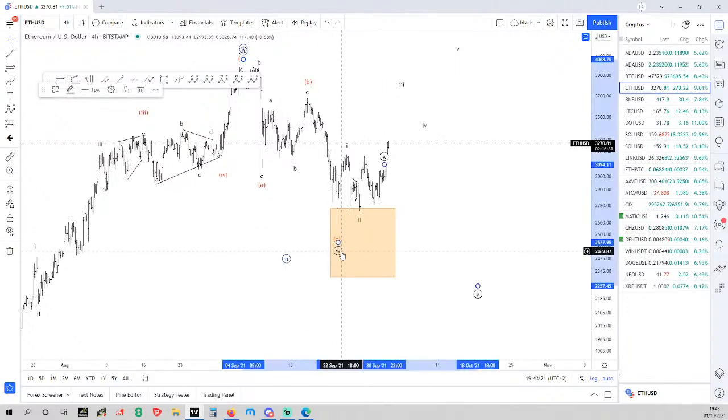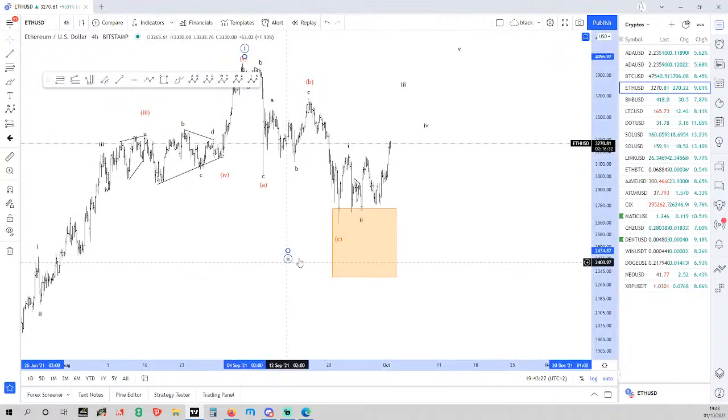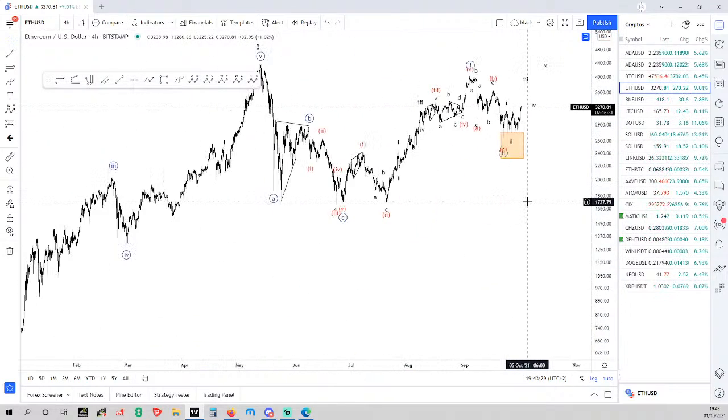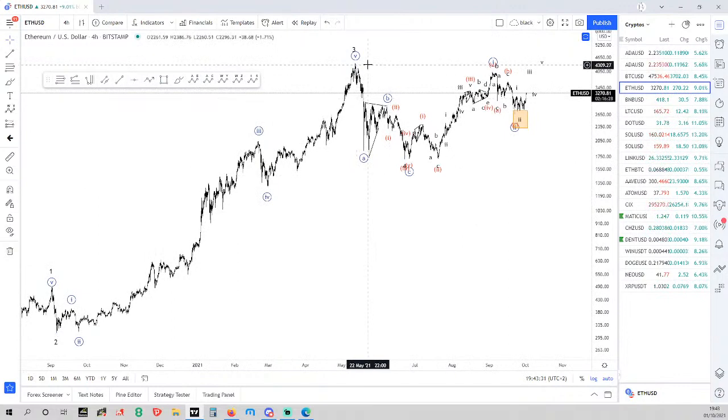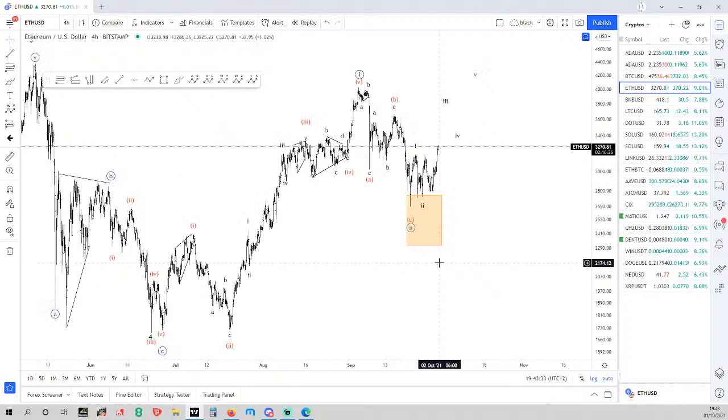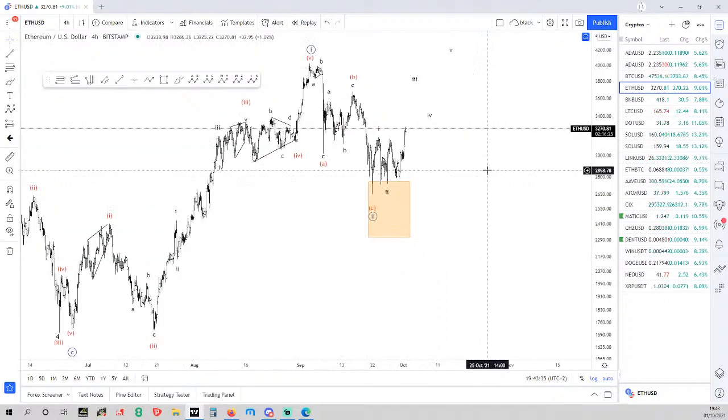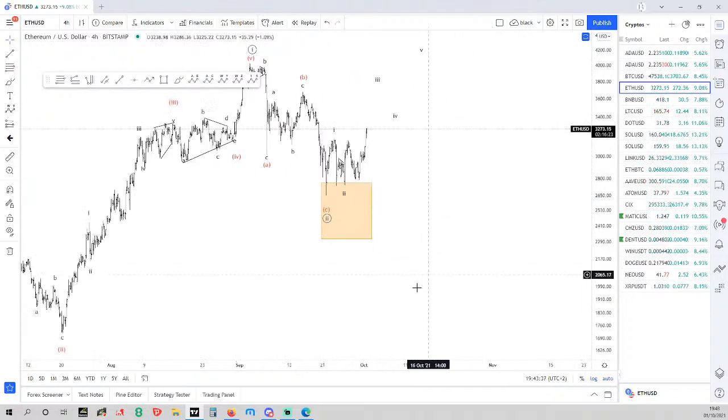But now, this possible triangle into wave X has been validated. So perhaps we are due another bull run. We could finally break this high. I'm exposed in ETH, but yeah.